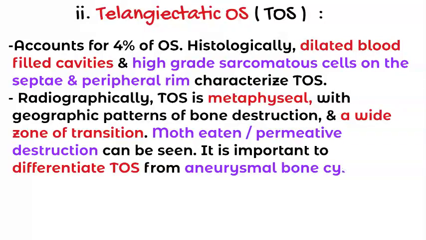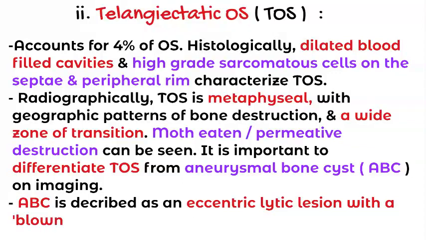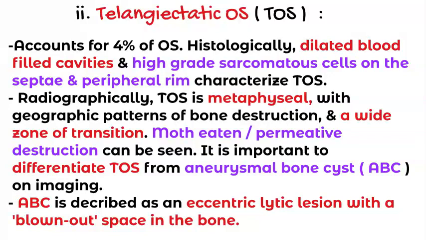It is important to differentiate TOS from aneurysmal bone cyst, ABC, on imaging. ABC is described as an eccentric lytic lesion with a blown-out space in the bone.